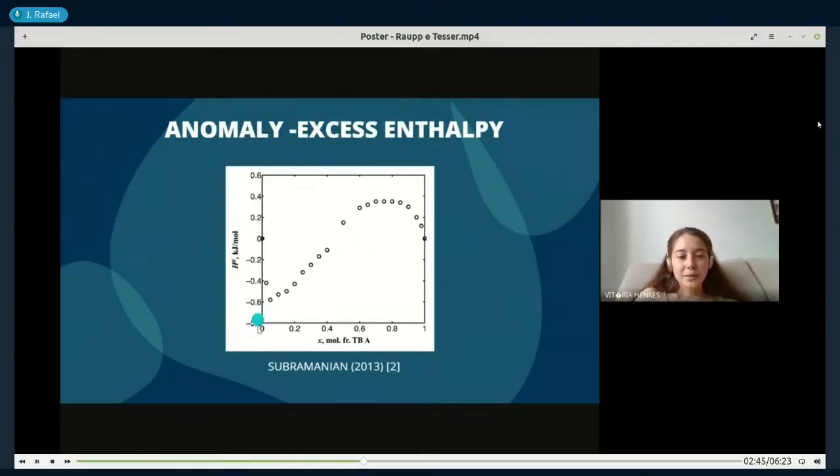What is interesting about this graph is this region here, for small fractions of ethanol, because here the excess enthalpy is negative. This indicates that interactions between water and ethanol are favorable.